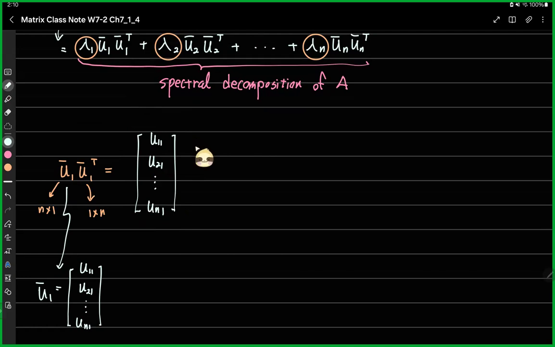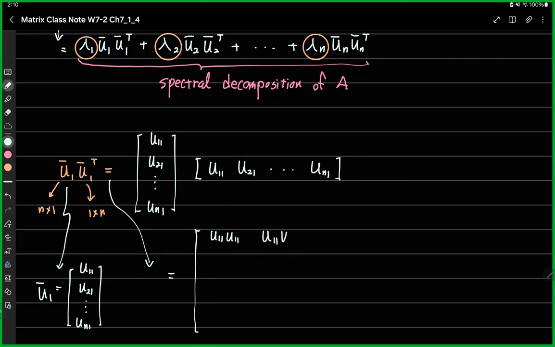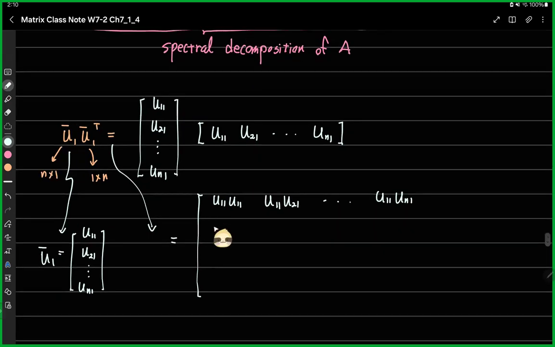This is equal to U11 times U11, and then U11 U21 through U11 UN1. The next row is U21 U11, U21 U21, through U21 UN1.